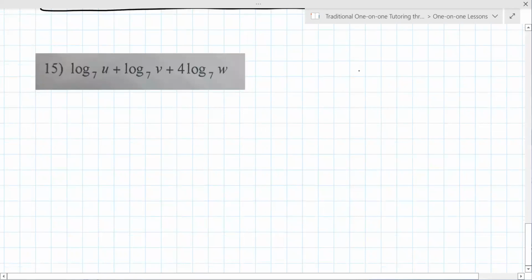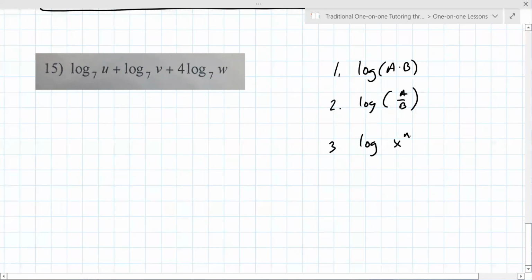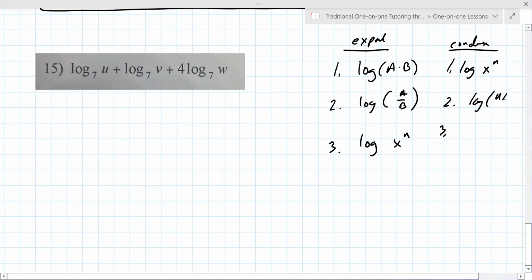Generally, if you're expanding, you'll do a product first, or a quotient first, and then you'll do the power rule third. But when you're condensing, you do them backwards. So you generally would do the exponent rule first, and then either the quotient or the product rule next.